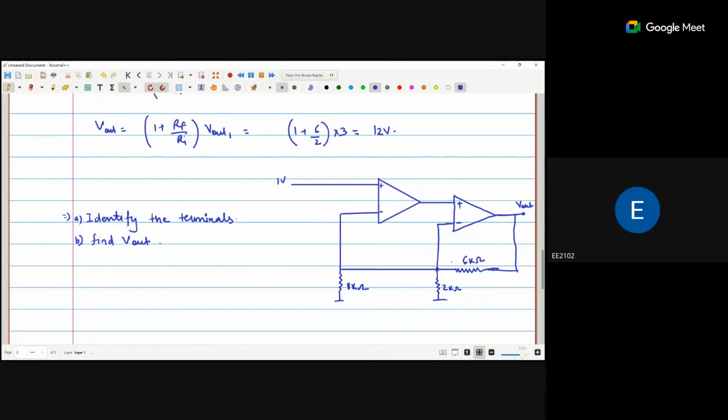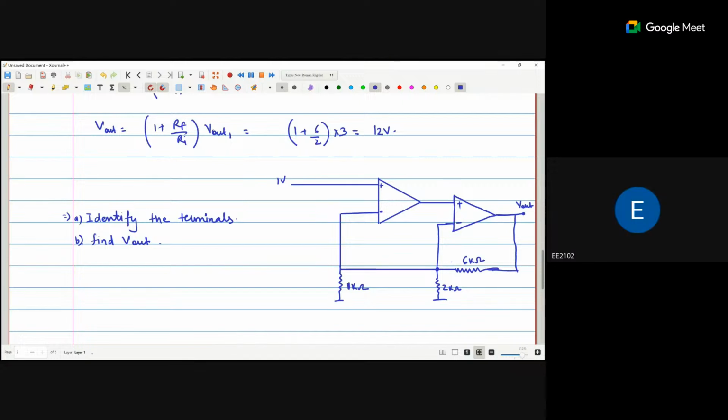Yes, what is output voltage? Maybe 21, sir. 21.